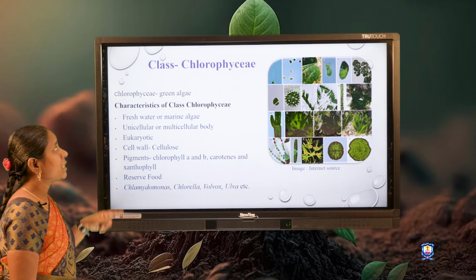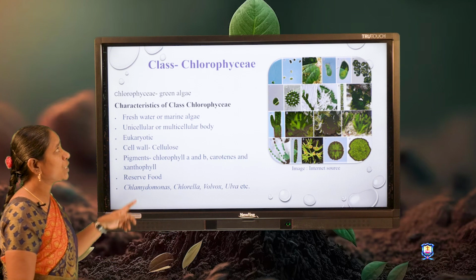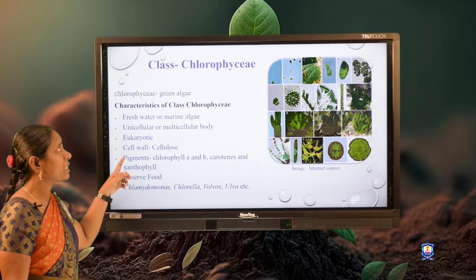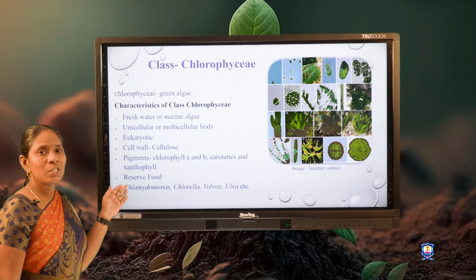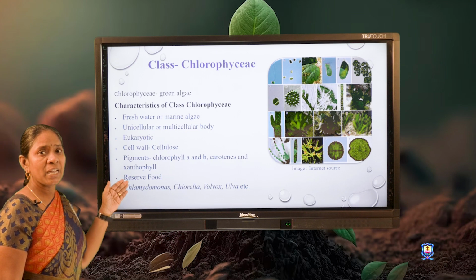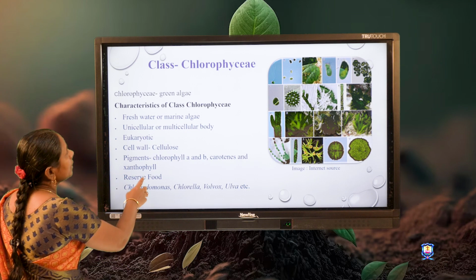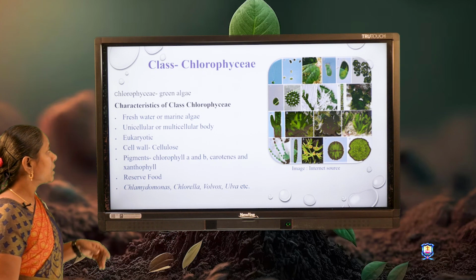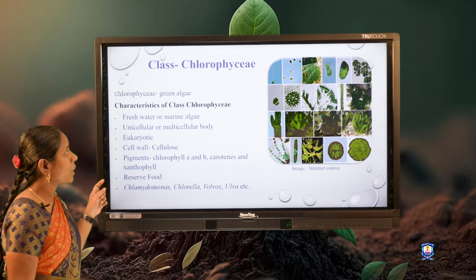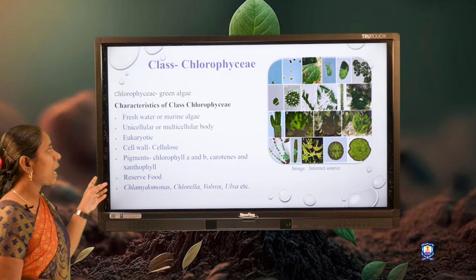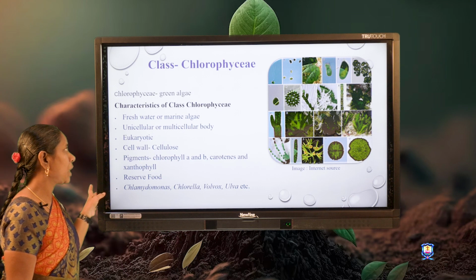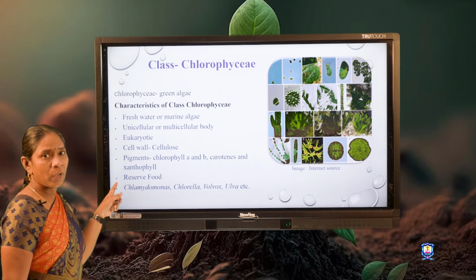The species found under the class chlorophyceae are commonly known as green algae. This is mainly because of the presence of the pigments found in that class. The general characteristics of chlorophyceae are: it is a freshwater or marine water algae. The plant body may be unicellular or multicellular, and these are eukaryotic organisms.